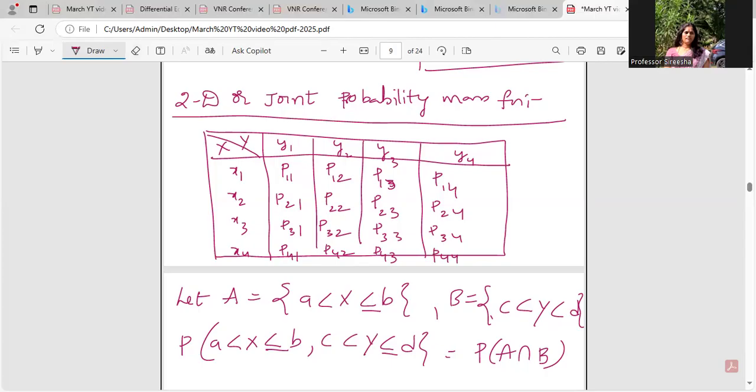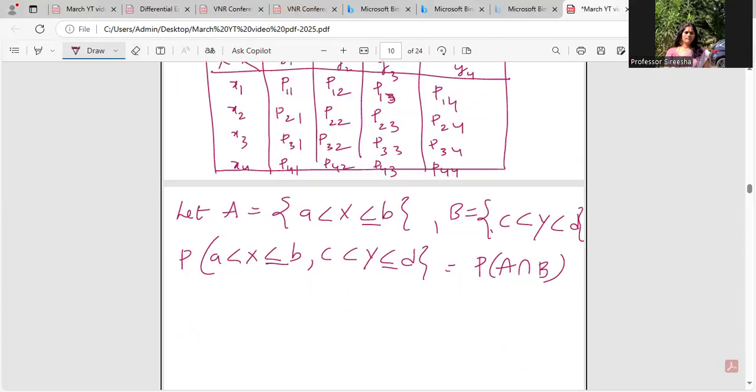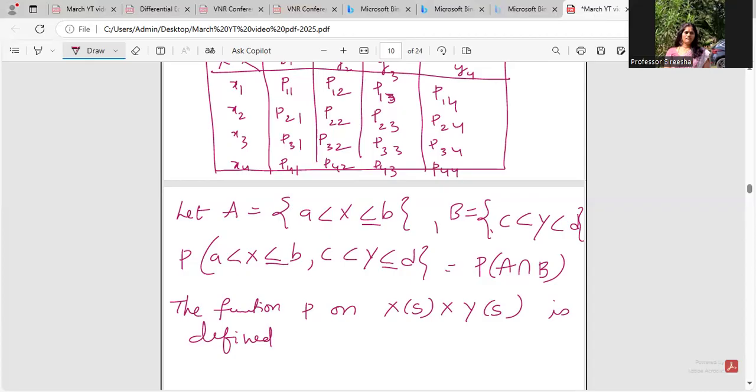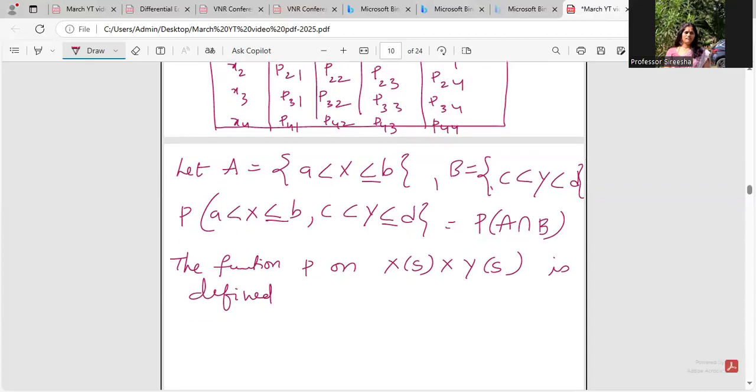Another version of writing it, I'll just show and then close this video. The function P on the sample space where X is defined cross the sample space where Y is defined is defined as, and this is the important one, the previous one was just an opening. It is notated as Pij, which is equal to P of X is equal to Xi intersection Y is equal to Yj.